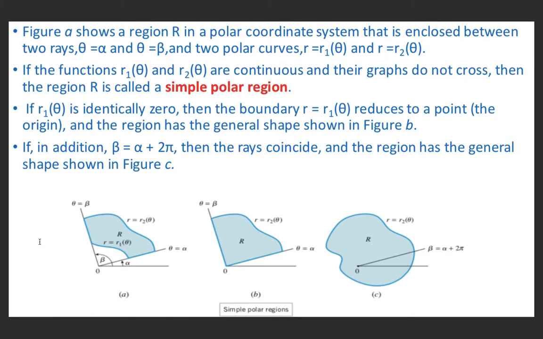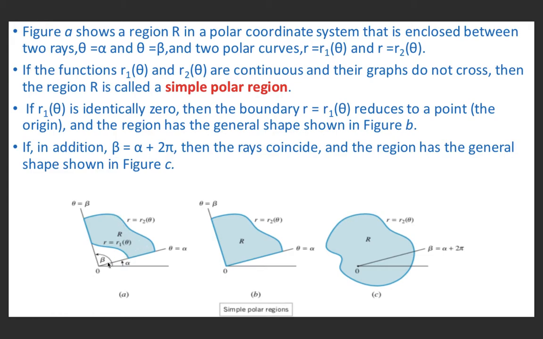Now we consider some simple polar regions. Figure A shows a region in a polar coordinate system that is enclosed between the two rays theta equal to alpha, theta equal to beta, and the two polar curves r equal to r1 of theta and r equal to r2 of theta.